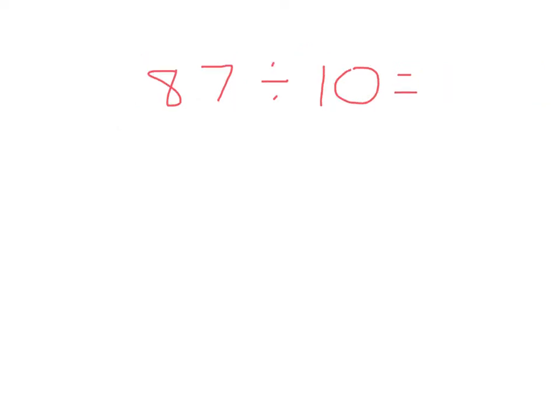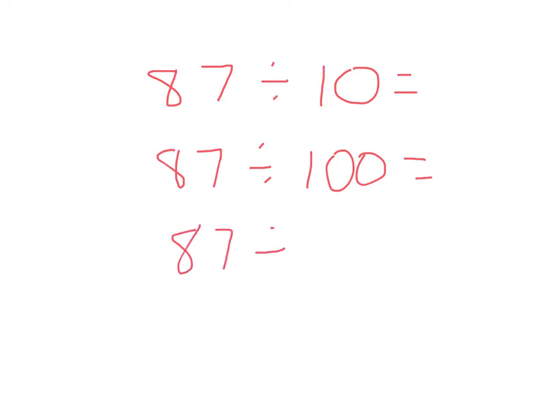Here I'm going to divide the same number, 87, by 10, then by 100, then by 1,000. When we take 87 and divide it by 10 to begin with, we're looking at those 8 tens. Each 10 divided by 10 becomes worth less.